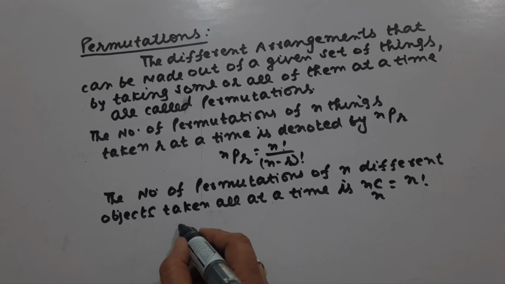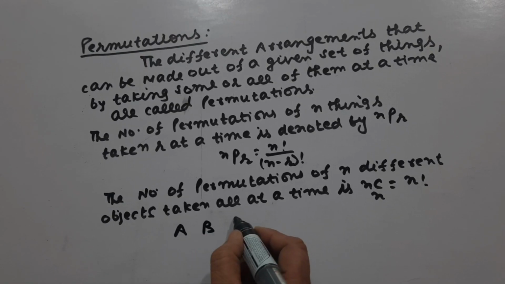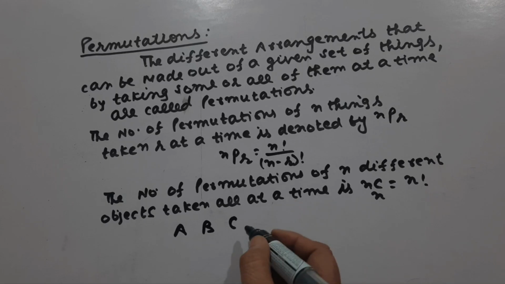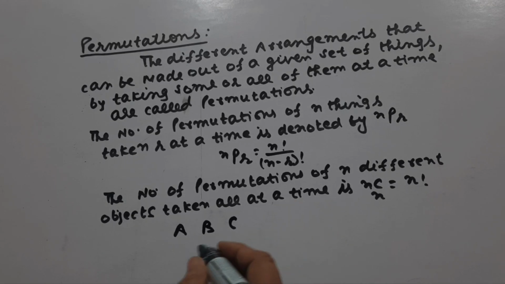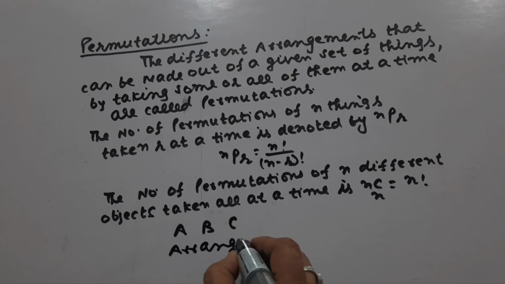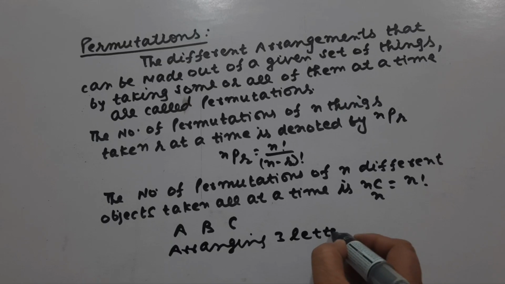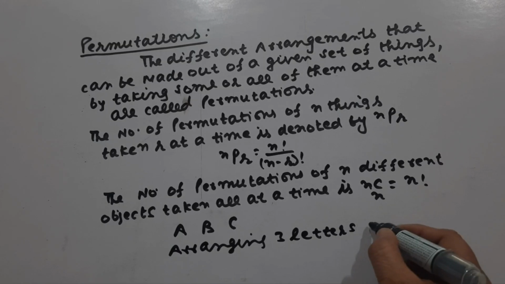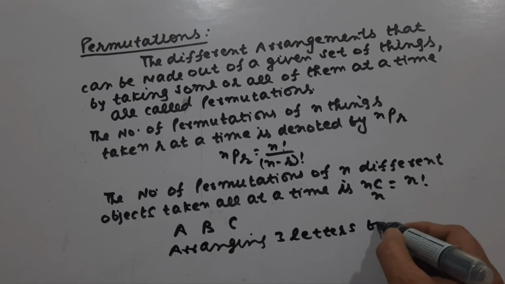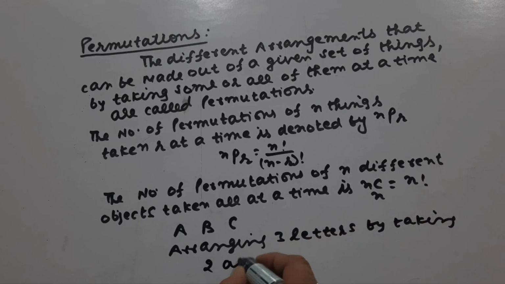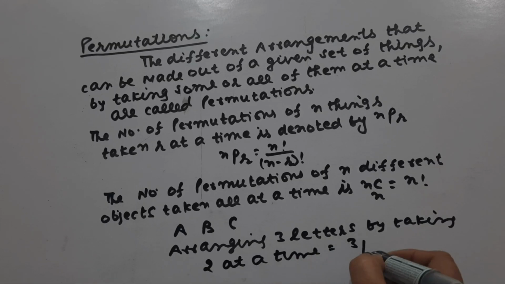Now let us take an example. Suppose we have three letters A, B, C, and we want to arrange them two at a time. So arranging three letters by taking two at a time is equal to 3P2.